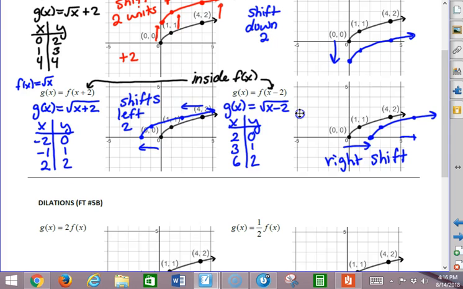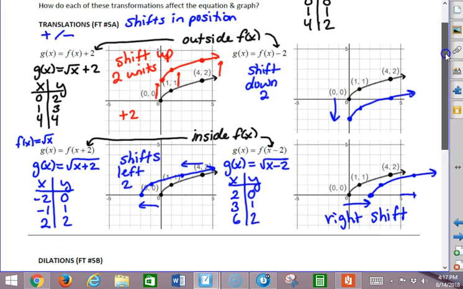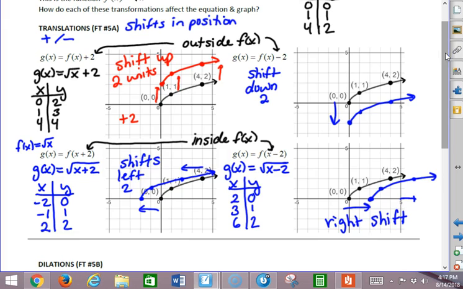So what I want you to notice is when we make a change outside the function, an outside change affects y. So we have some kind of a vertical change.